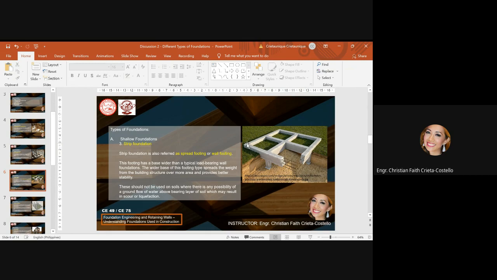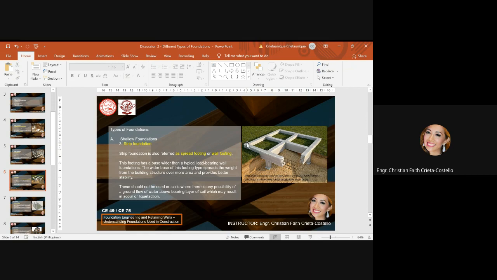So this kind of footing has a base wider than a typical load-bearing wall foundation. The wider base of this footing type spreads the weight of the building structure over more area and provides better stability. Spread footings and wall footings are used for individual columns, walls, and bridge piers, where the bearing soil layer is within 3 meters or 10 feet from the ground surface.